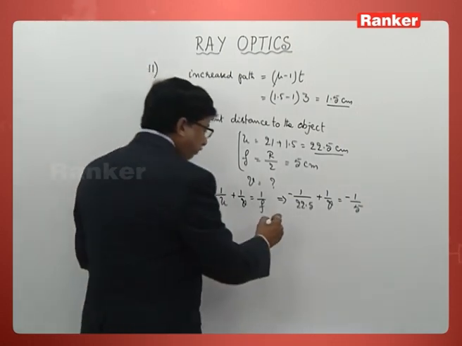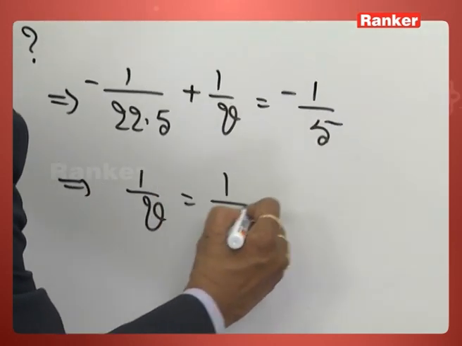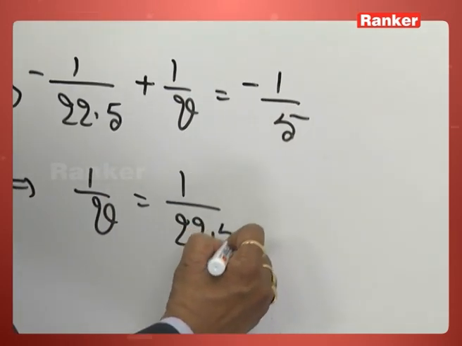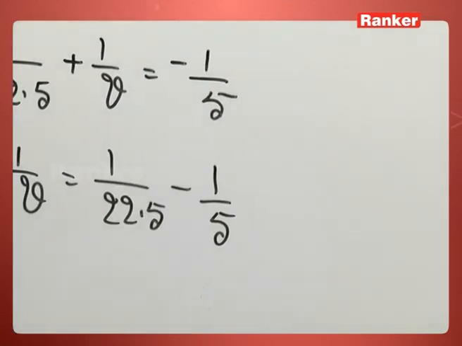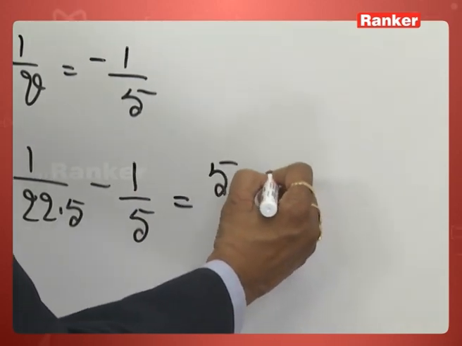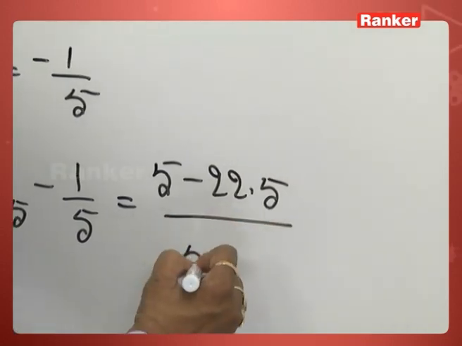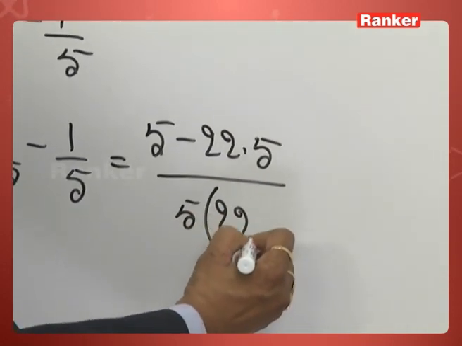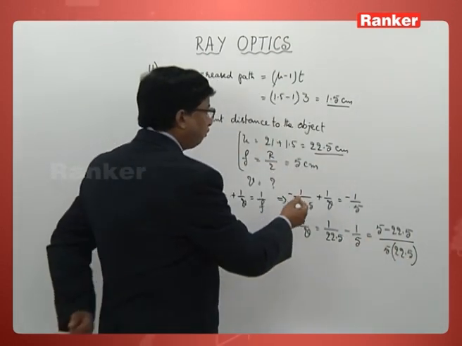Now if I simplify this one, 1 by v is equal to 1 by 22.5 minus 1 by 5. Then of course you can rewrite the same thing this way, 5 minus 22.5 divided by 5 times 22.5. Now what is it we just want?